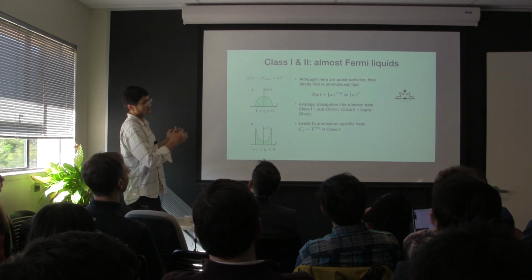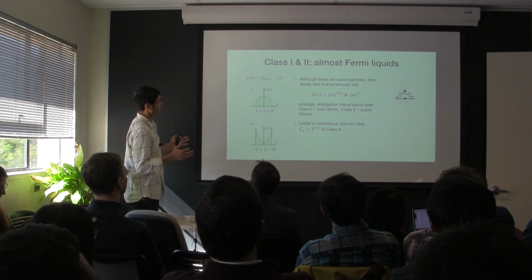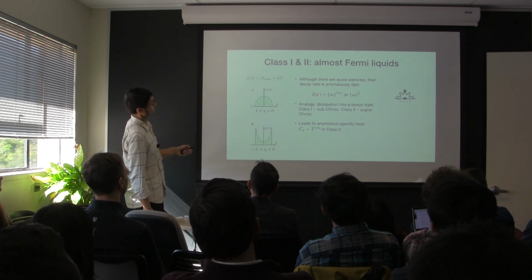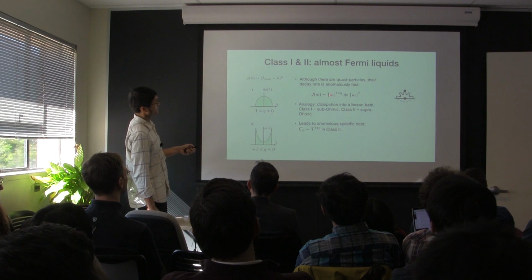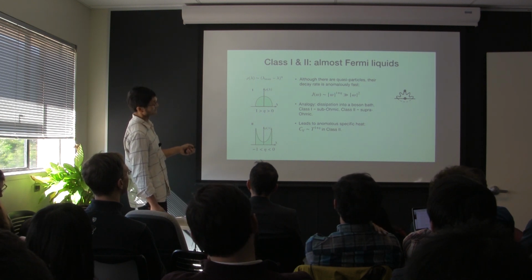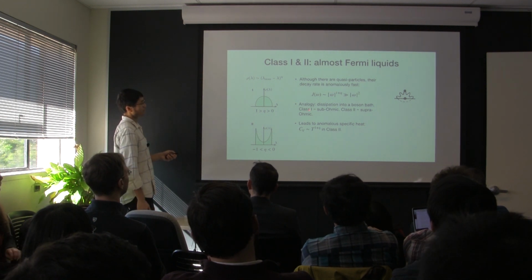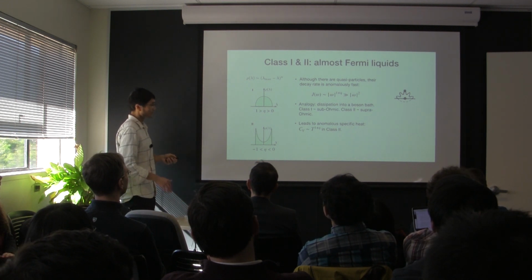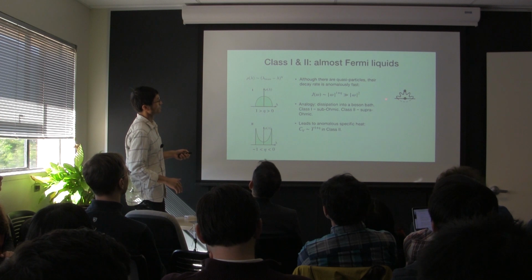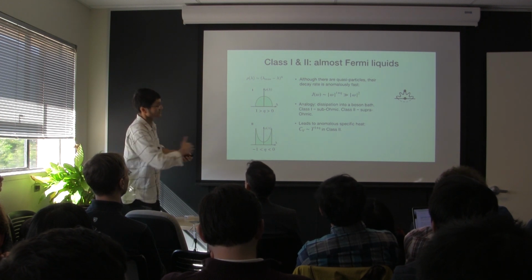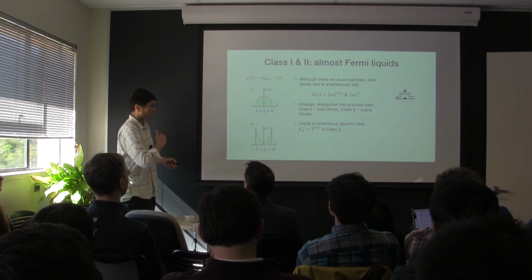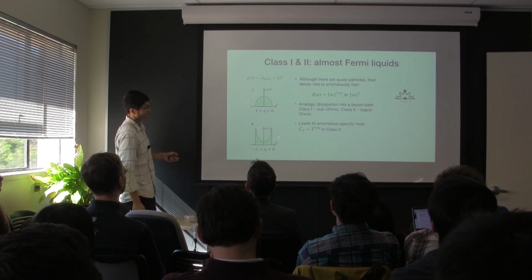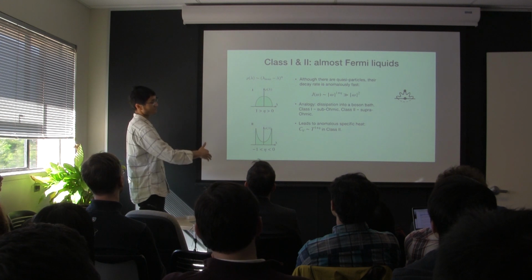Although there are quasiparticles because delta equals 1/2, their decay rate is anomalously fast. The decay rate of the quasiparticle at frequency omega goes like omega to the power of 1 plus eta, which for eta smaller than 1 is much larger than omega squared, which is the Fermi liquid behavior. So what happens is that your fermion is dissipating into this bath of bosons, and you have a non-analytical density of soft bosons.